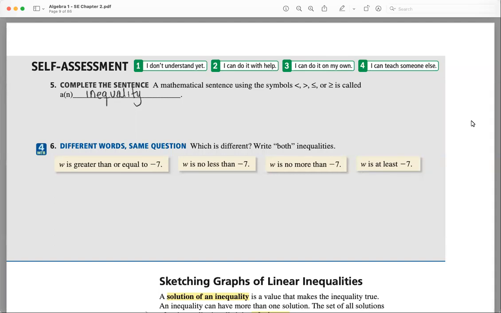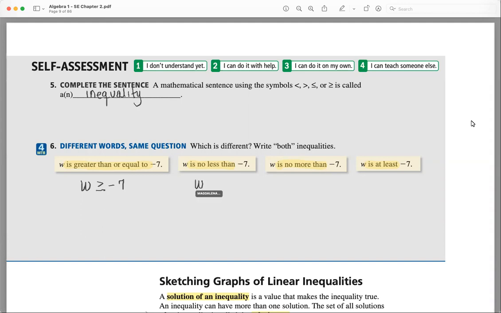Now it says here, which is different? Write both inequalities. Okay, so which is different? Let's first translate them. But I'm going to highlight. This one says is greater than or equal to, is no less than, is no more than, is at least. So let's take a look. This one is W greater than or equal to -7.